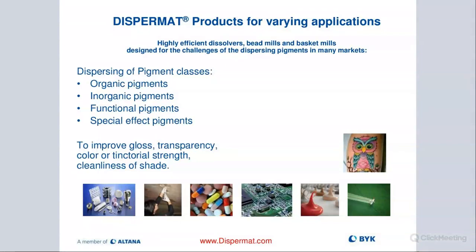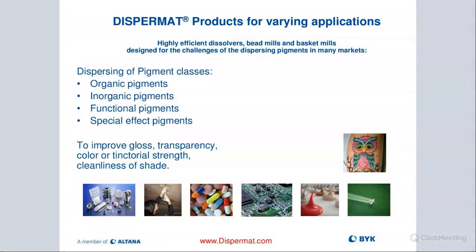So what are these machines actually used for? It all was derived originally from the coatings industry. That's why you're seeing a slide here for the different pigment classes, but obviously it's used for many other or new end-use markets. The different pigment classes that the dispersers are used for, we differentiate here: organic or inorganic pigments, the functional pigments, and then obviously the metallic pigments, or special effect pigments, as they are also called.